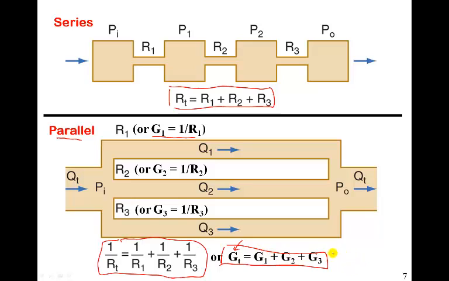And RT is just 1 over GT. So the bigger GT becomes, the lower R becomes. The more vessels you have in parallel, the lower the total resistance. More vessels in parallel makes the total resistance actually lower. Okay?